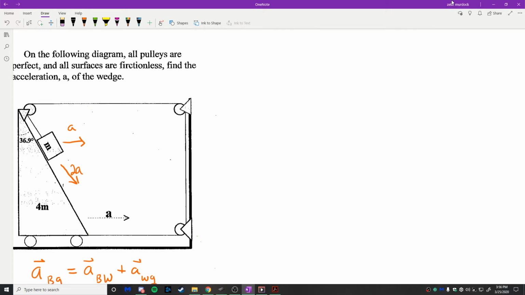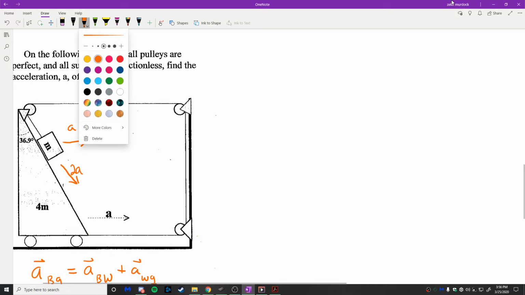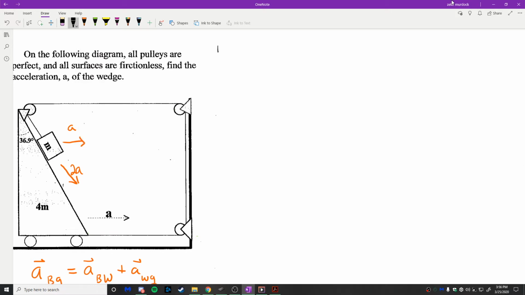Just do it on your own piece of paper. Label all the forces. And I'm going to tell you that on mass m there's 3, and on mass M I think there's 5. Treat the forces down here as one normal force.